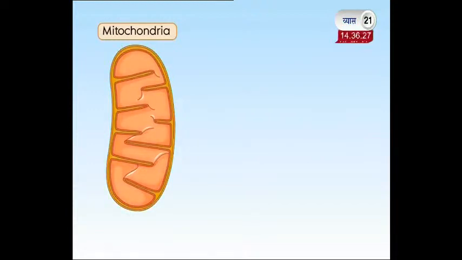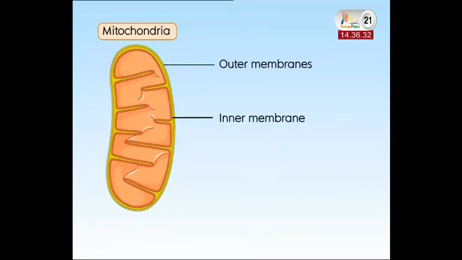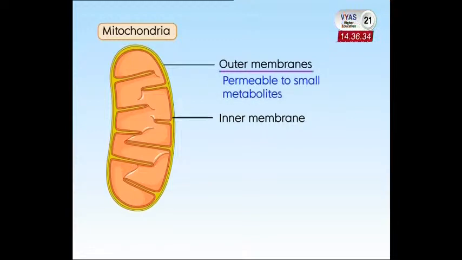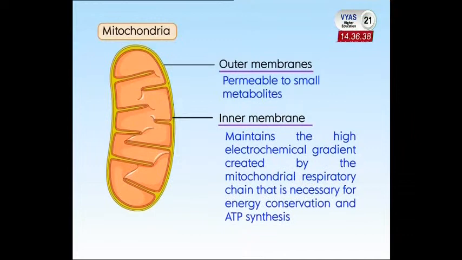They contain two compartments bounded by inner and outer membranes. The outer membrane is permeable to small metabolites, whereas the permeability of the inner membrane is controlled to maintain the high electrochemical gradient created by the mitochondrial respiratory chain that is necessary for energy conservation and ATP synthesis in mitochondria.